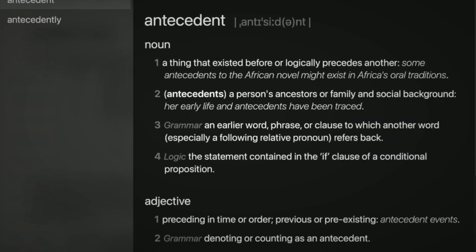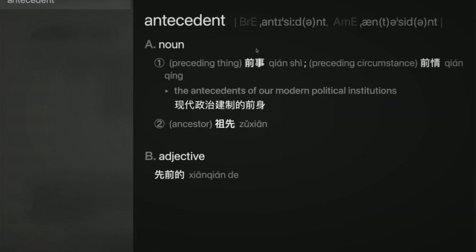The antecedent is the thing that comes before the relative pronoun. Antecedent, preceding circumstance. The thing that comes before.